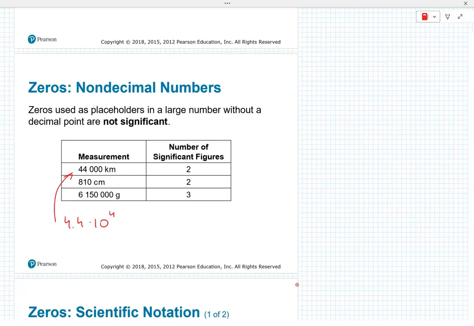But what if I tell you that I was measuring that distance using a gigantic 1 kilometer ruler, and this is my estimated uncertain number that comes from a measurement? How would scientific notation look in this case?